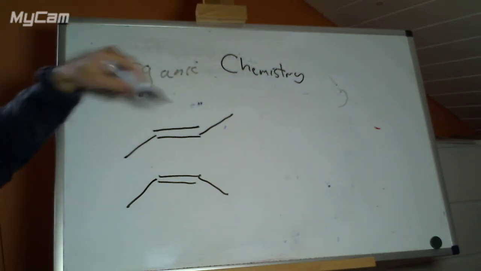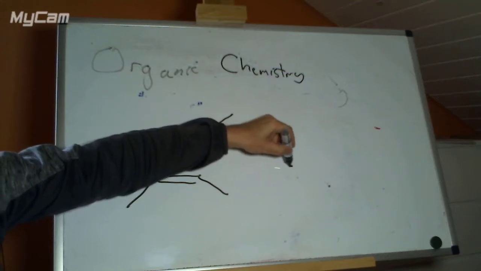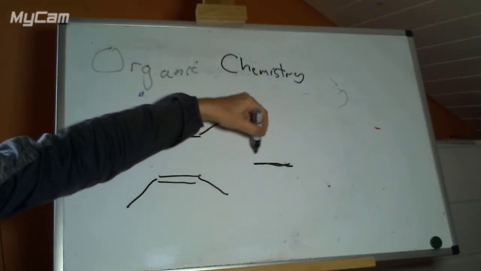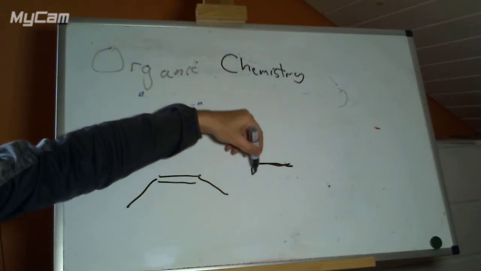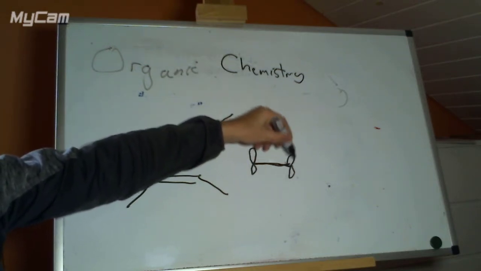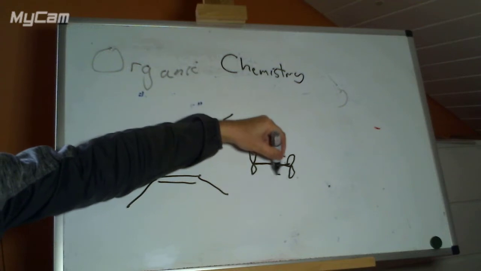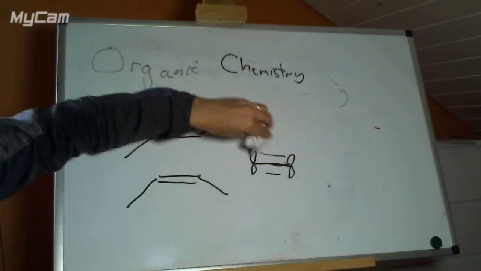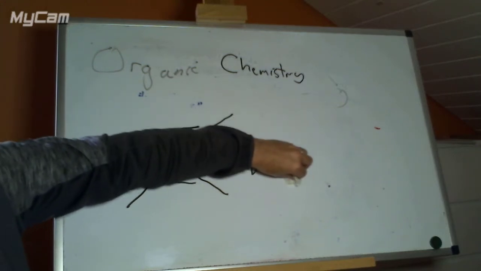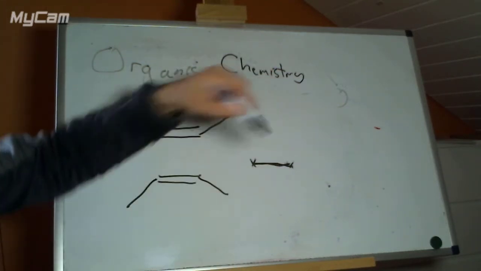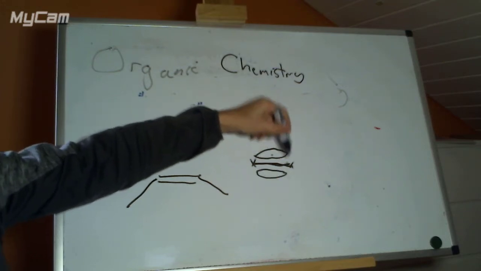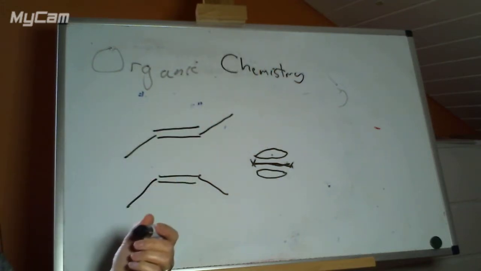So in reality, looking at the orbitals, we would have the sp orbital in the middle, and then we would have a p orbital vertically, which is combining to form the pi bond. So let's draw the bonding orbital of that. The bonding orbital of that would be this here. That's our double bond bonding orbital on the top and the bottom.